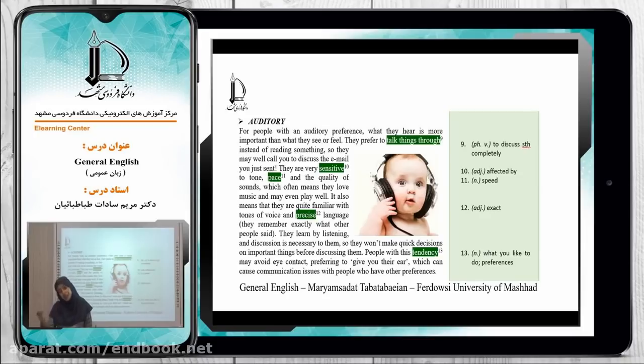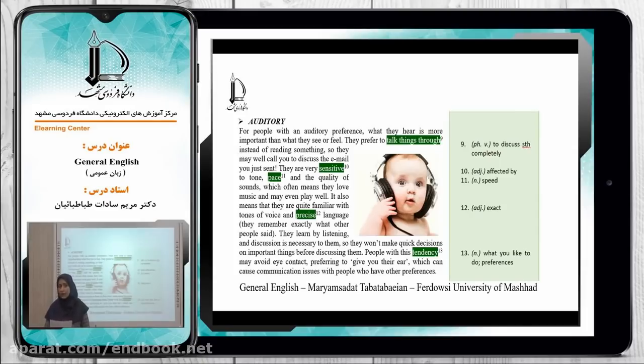It says what they hear is more important than what they see or what they feel. They rely on their ears. They use their ears more. They prefer to talk about things. Talk things through means discuss things. Talk about things with someone else instead of reading things.